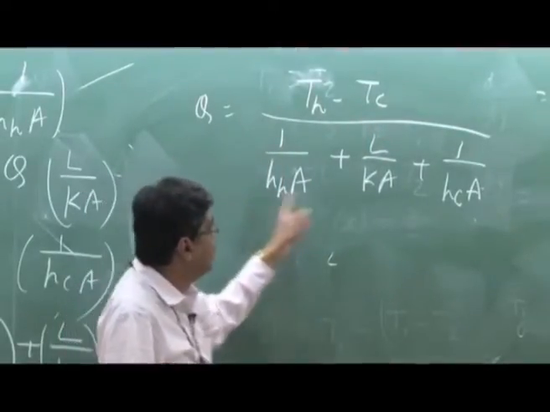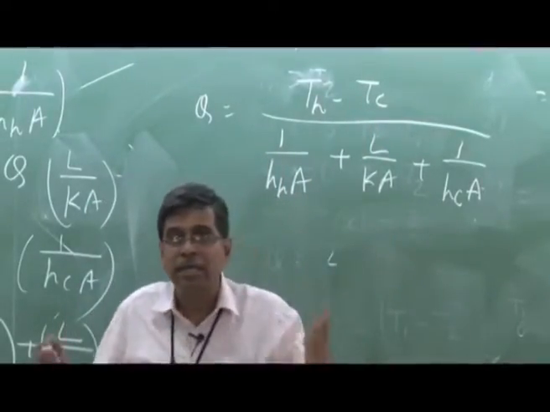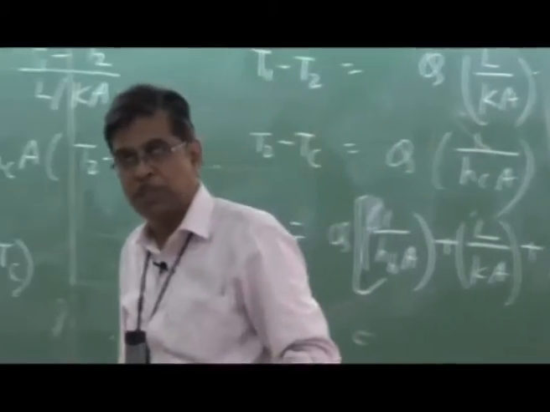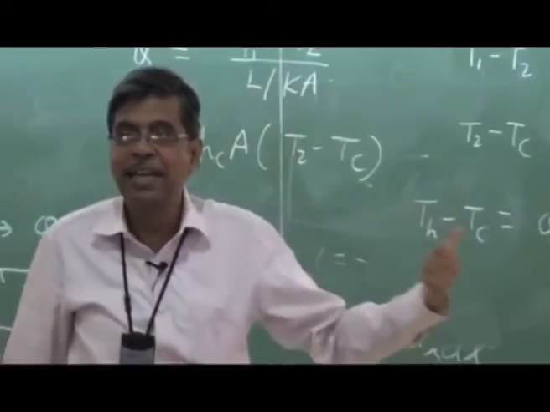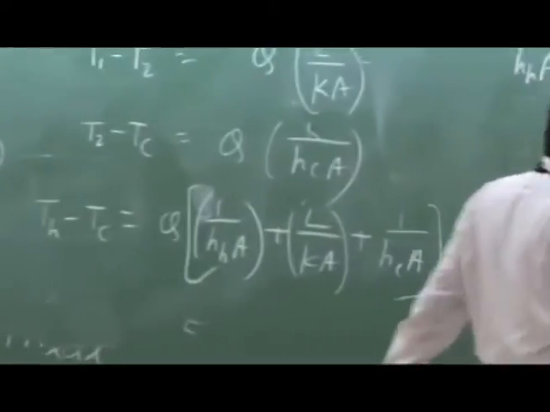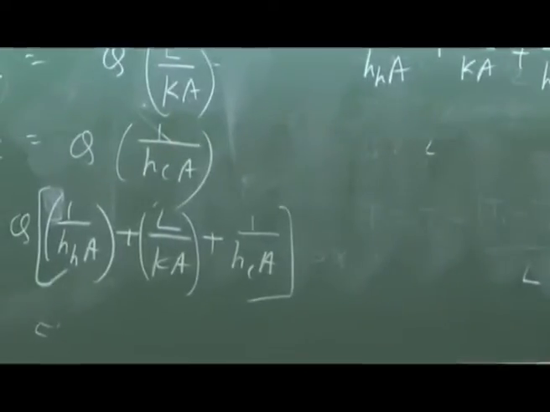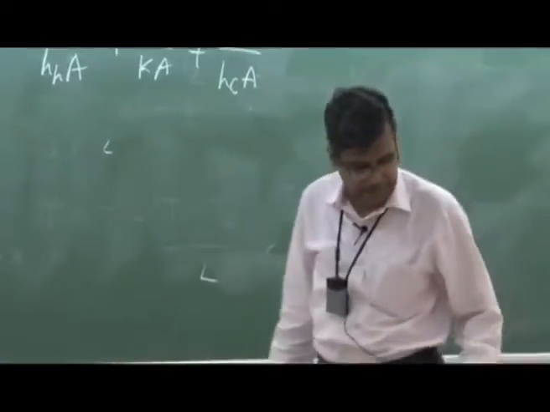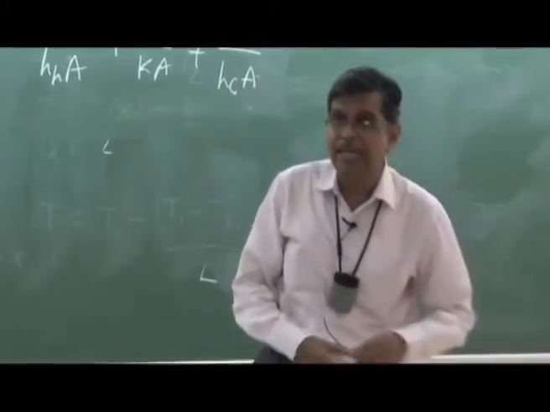provided I know the heat transfer coefficient on the hot fluid side and the heat transfer coefficient on the cold fluid side. And this equation, in the light of the electrical analogous circuit, looks like a series of resistances comprising the conduction resistances and convection resistances.